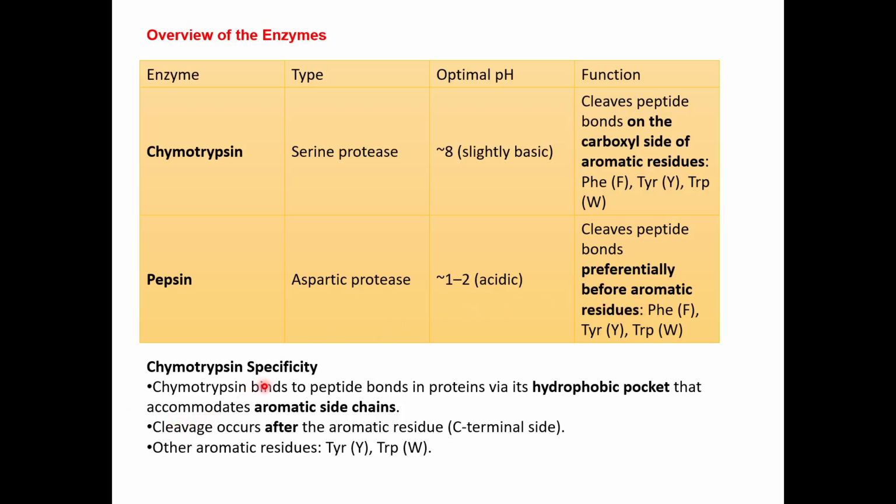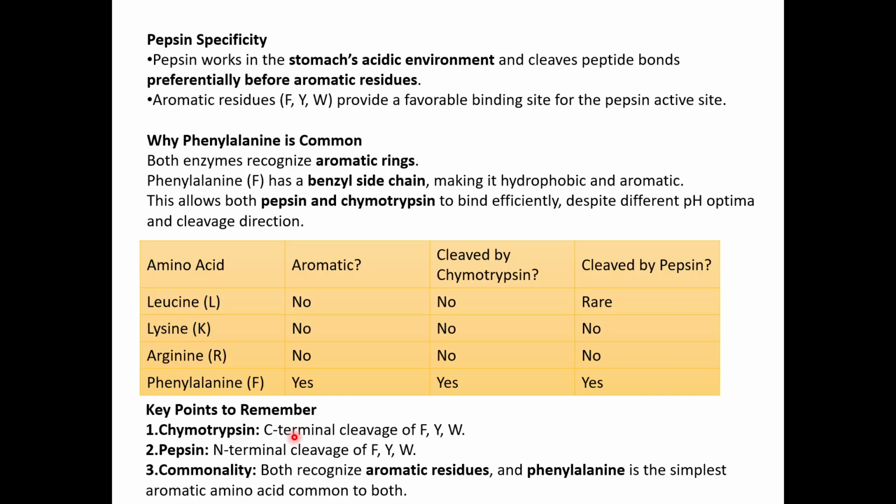Chymotrypsin binds to the peptide bonds in proteins via its hydrophobic pocket, which accommodates the aromatic side chain. It cleaves after the aromatic residue, that is after the C terminal side, so it will cleave after tyrosine, tryptophan, and phenylalanine.